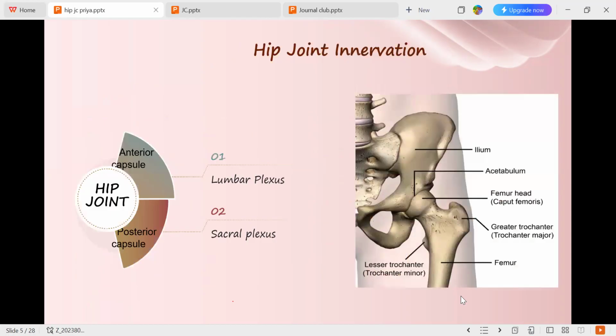Coming to hip joint innervation, the hip is a ball and socket joint formed between the acetabulum and the head of the femur. The pain generating structures depend upon the pathology.